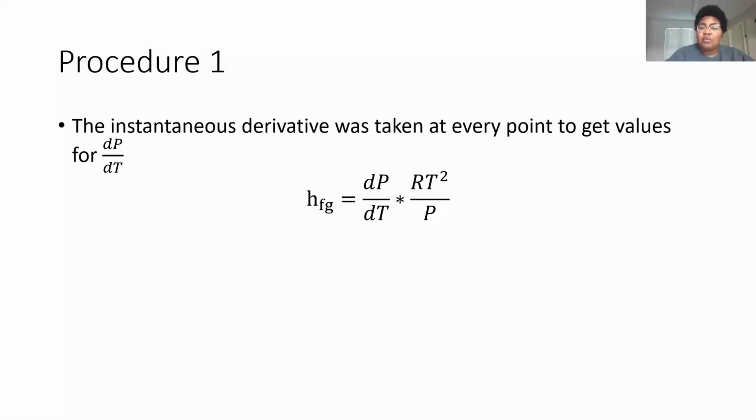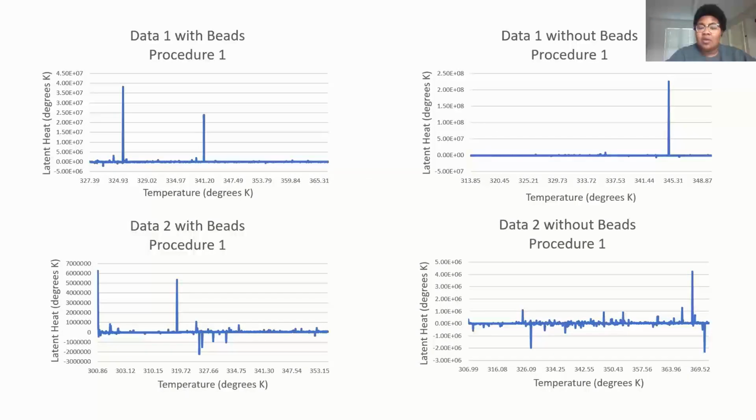For procedure 1 of this experiment, we take the instantaneous derivative at every point to get our values for dP over dt. The equation is a manipulated equation from the previous slide, so you can solve for latent heat of vaporization. So the derivative was taken at every point in each data set, and here are the graphs that came from this.